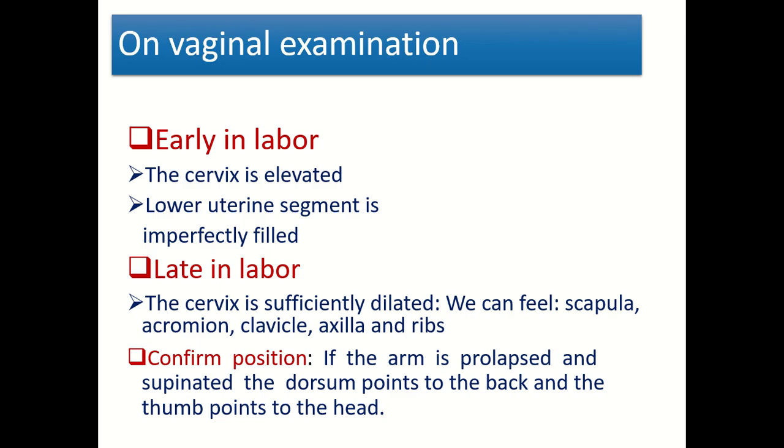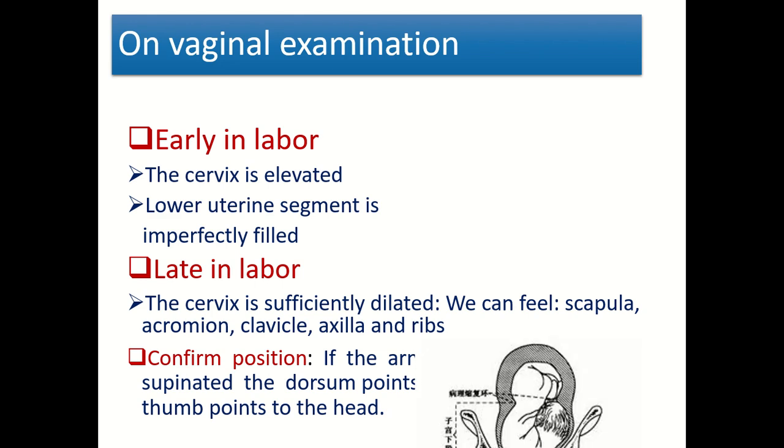How do you confirm the position? If one of the arms has prolapsed and is coming down, you might find that the dorsum, that is the back part of the arm, is pointing to the back and the thumb points to the head.